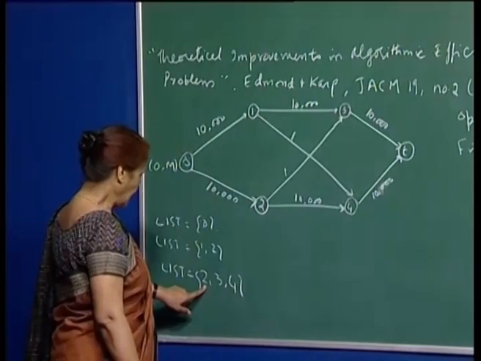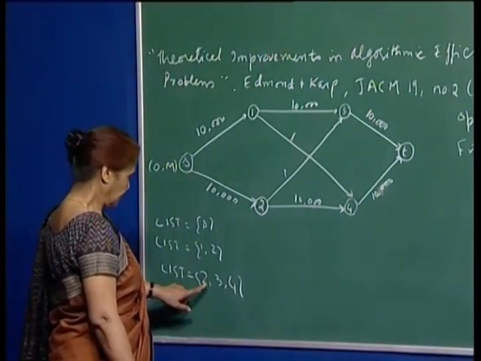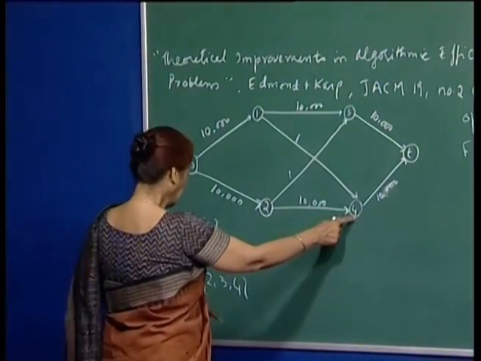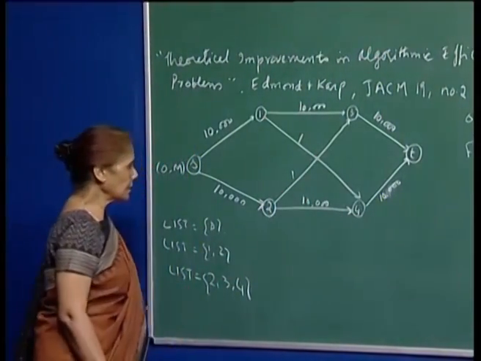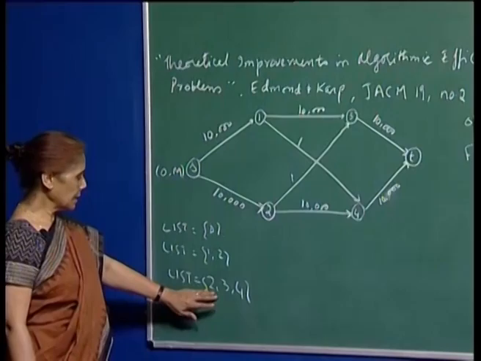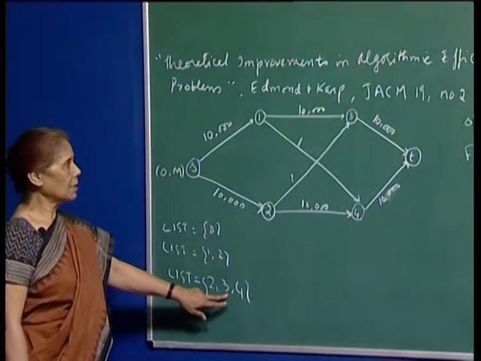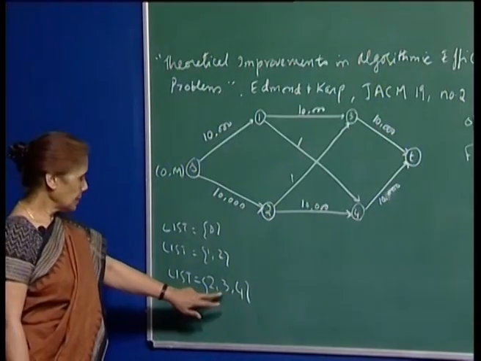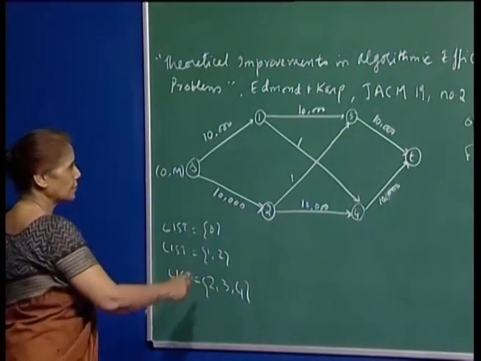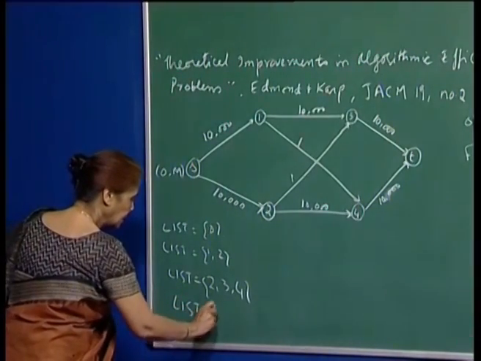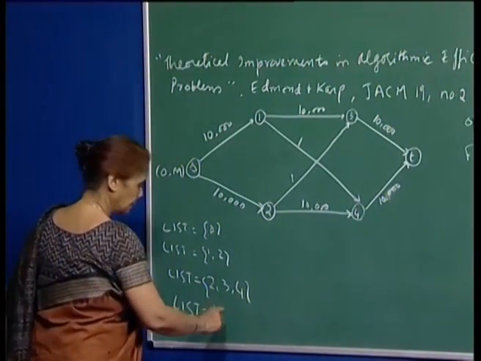Then you will now take out node 2 for scanning, and from node 2, 4 is already labeled, 3 is already labeled. So, you cannot do anything from here. So, you will go to the next one. From 2 you cannot label either 3 or 4. So, I will go to 3, and when you scan 3 you label T.